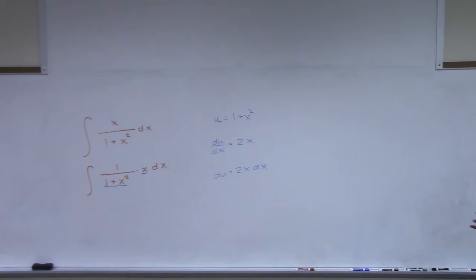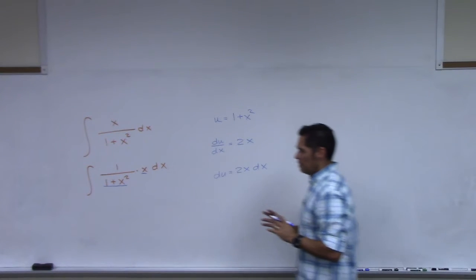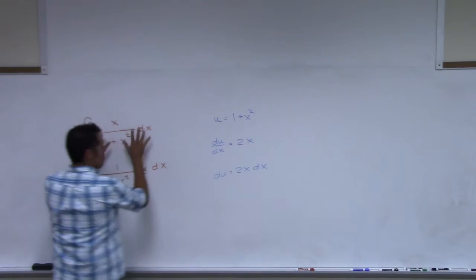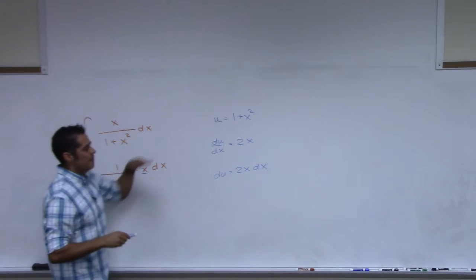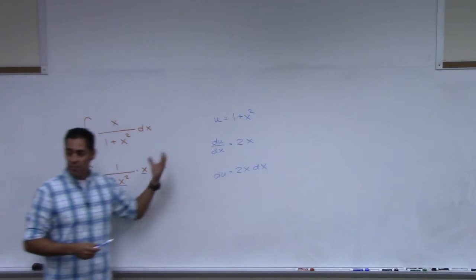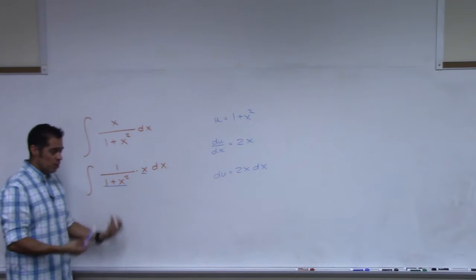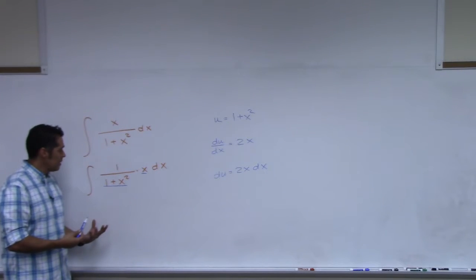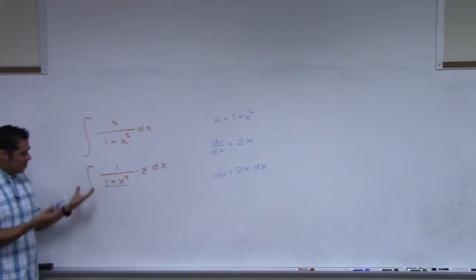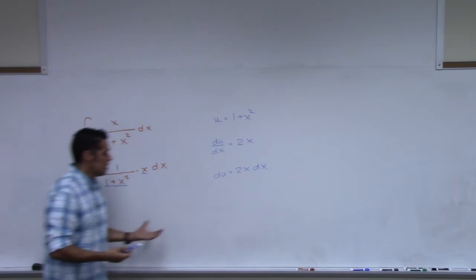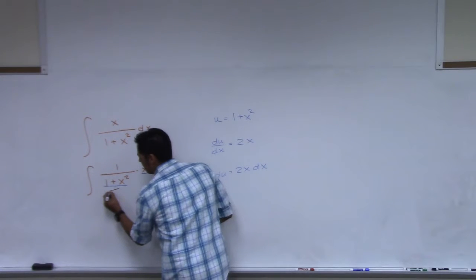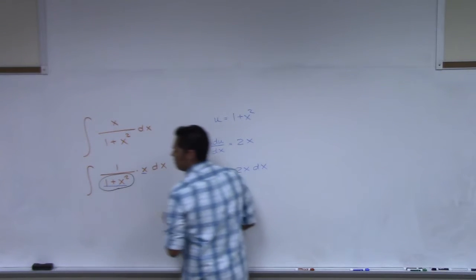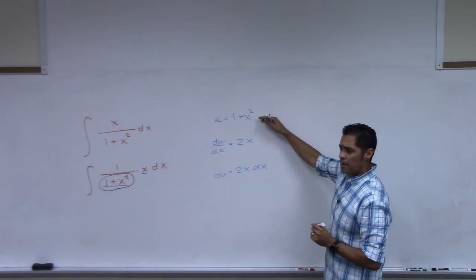The whole idea of this substitution technique is to take this integral that we cannot solve, see something and its derivative, make a substitution, and then rewrite the integral in terms of u instead of x. So if I look at this, I'm going to be able to replace that entire denominator with what? With u, right?